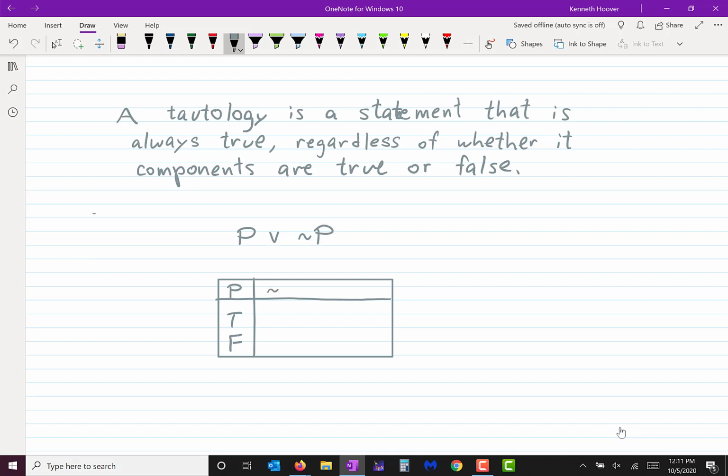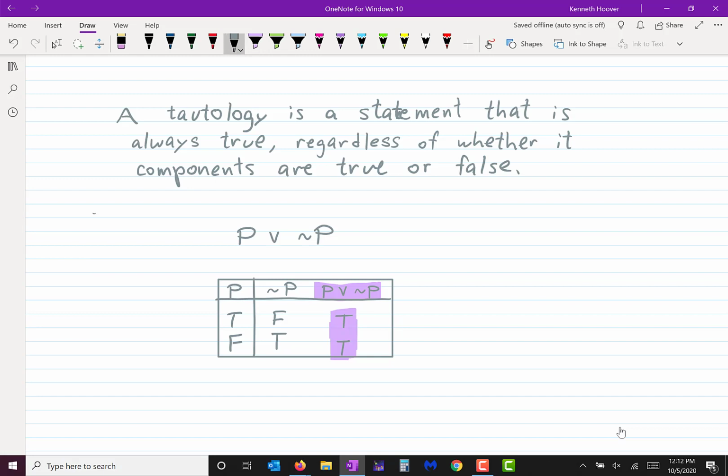Okay, so let's do the negation of that. And then let's do the disjunction of those two. Okay, remember, a disjunction is true if either part is true. So in the first row, P is true, and that makes the disjunction true. In the second row, the negation of P is true, and that makes the disjunction true. So you see that this statement is always true, regardless of whether the two components are true or false. And that's what we call a tautology.